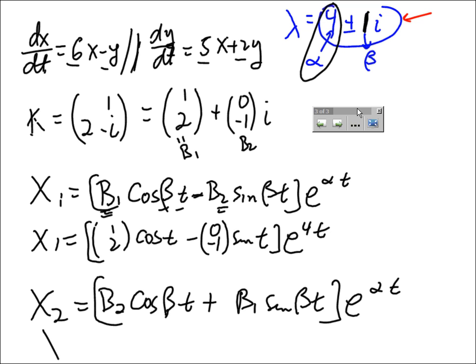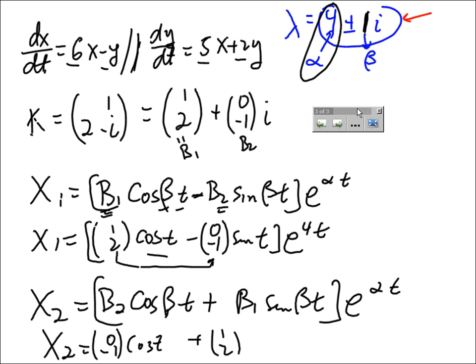And x2 is equal to b2. So basically these two just get switched. 0, negative 1, cosine t, plus 1, 2, the sine of t. All of this is times e to the 4t.